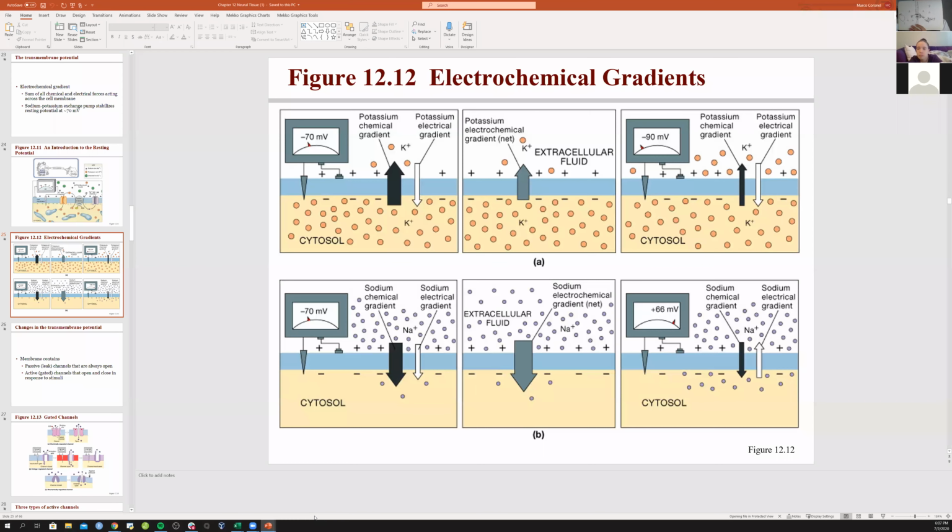If there are other ions, for example, in the cell, in the interior of the cell, we have a lot of proteins.